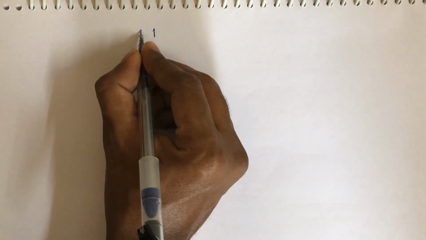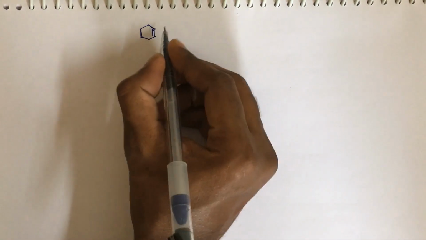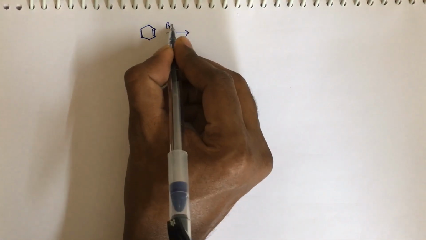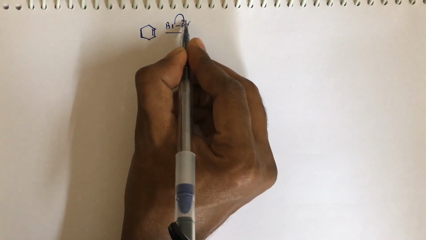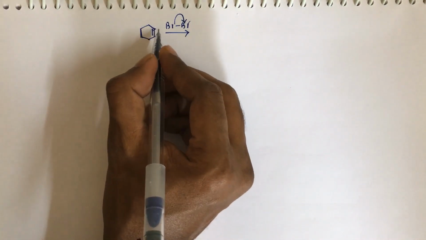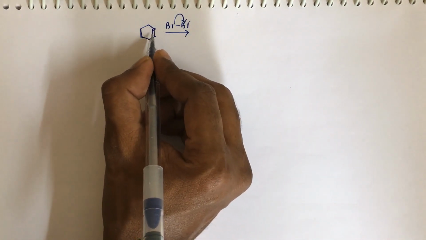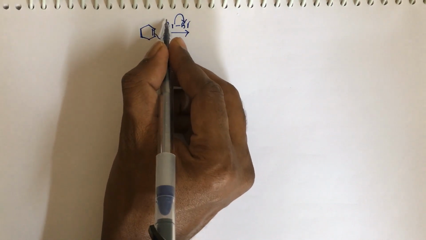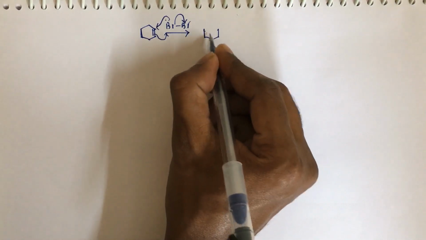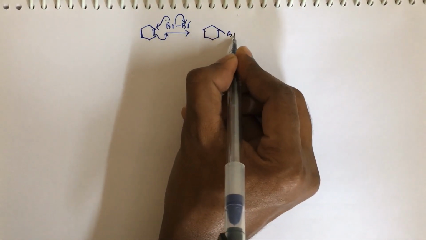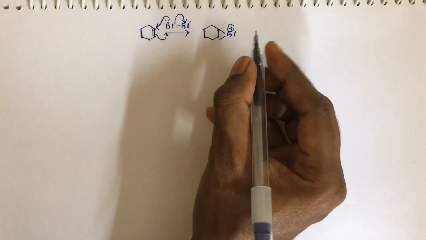So here we have an alkene. Upon treatment with Br2, the Br goes this way, and since this is a positive charge, the Br minus comes and attacks like this. So this will be a Br plus here.